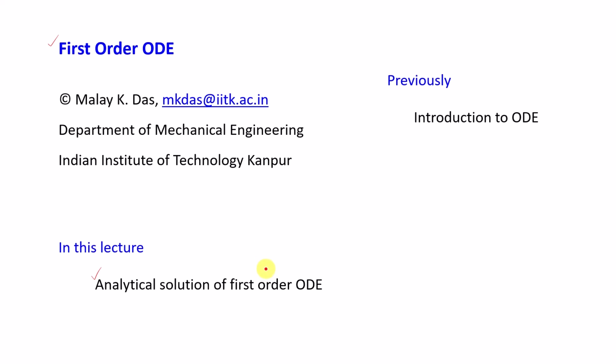As this part of the course goes on, you will see that in many cases, especially in initial value problems, even the higher order ordinary differential equations are first transformed to a series of first order ODEs and then solved. So the solution of first order ODEs is particularly important in numerical methods.